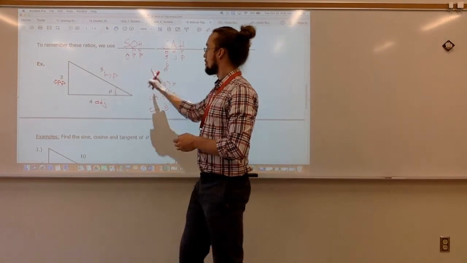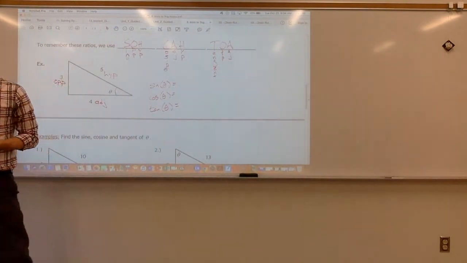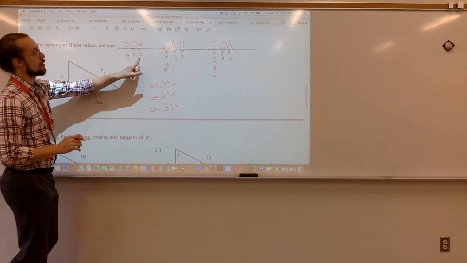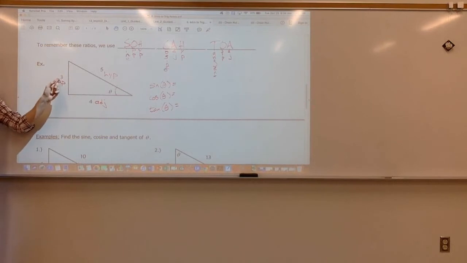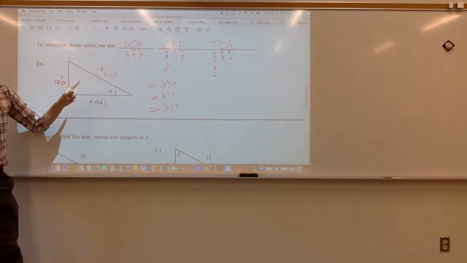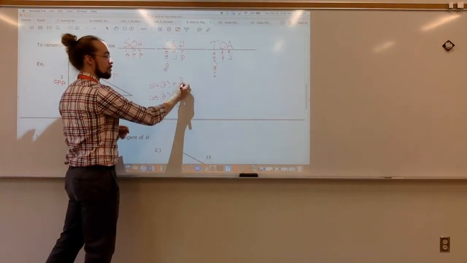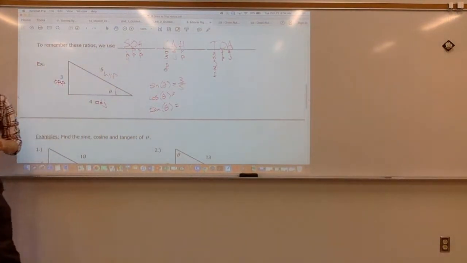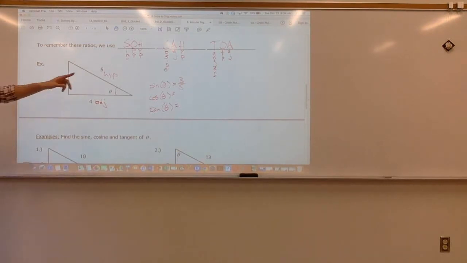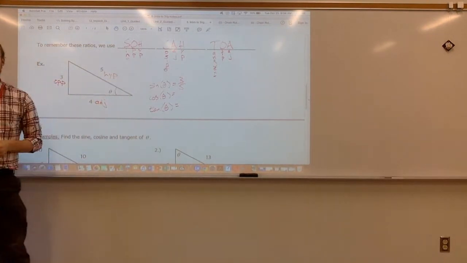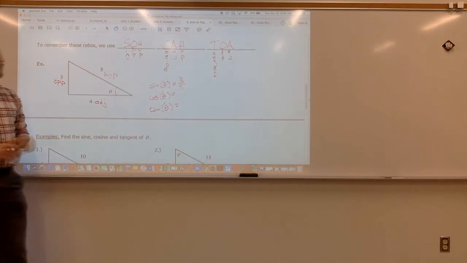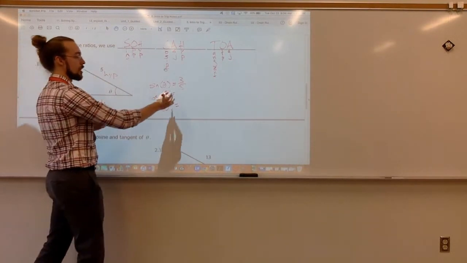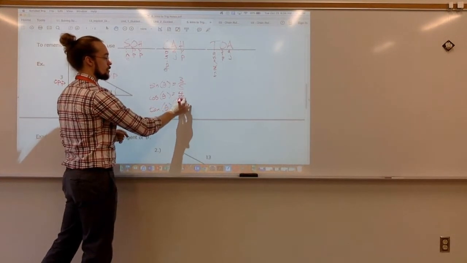Using my definition, sine is just the opposite side over the hypotenuse, so here sine would be 3 over 5. Using that definition, what would cosine be? 4 over 5, because cosine is the adjacent side over the hypotenuse.